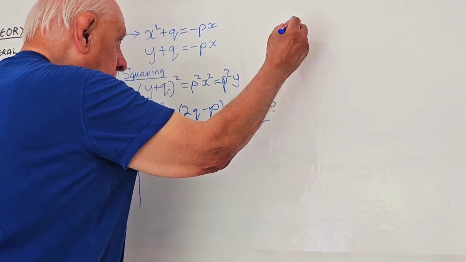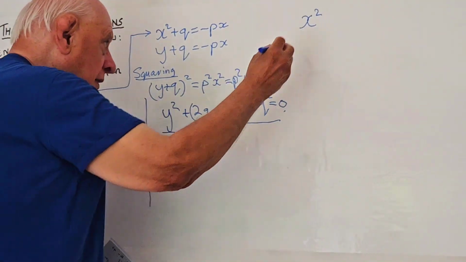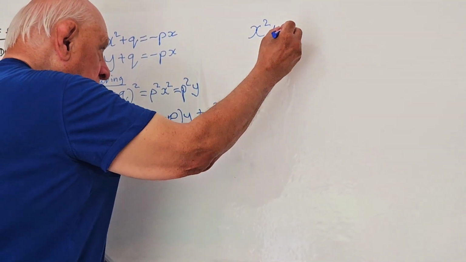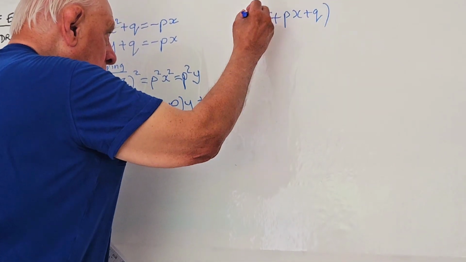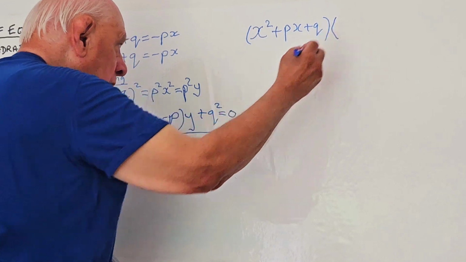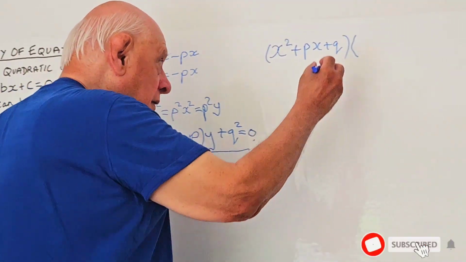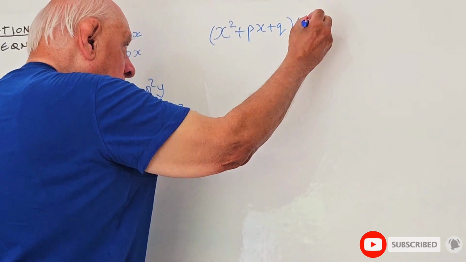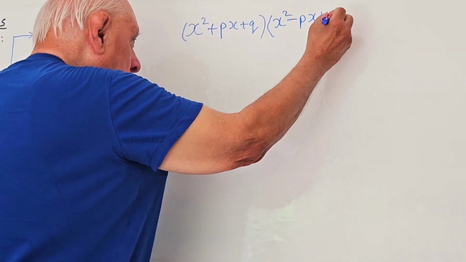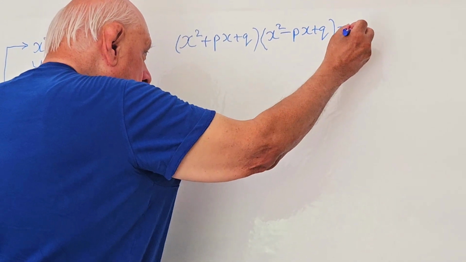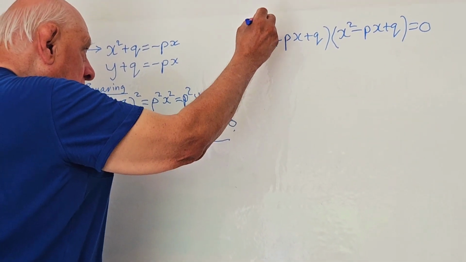You write down the first equation as it was, x squared plus px plus q, and now you write down a second bracket in which x is replaced by minus x. So that would be x squared minus px plus q equals 0. We write down this, the orthodox method.